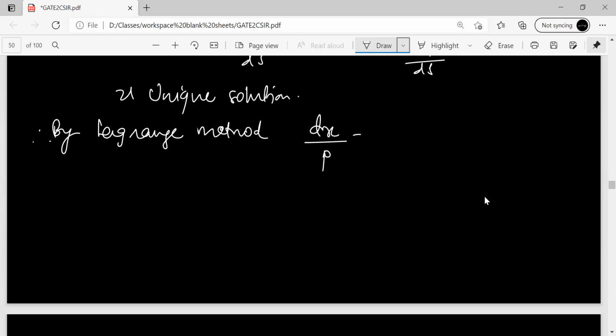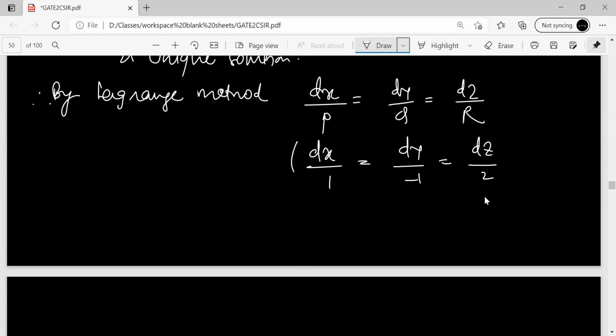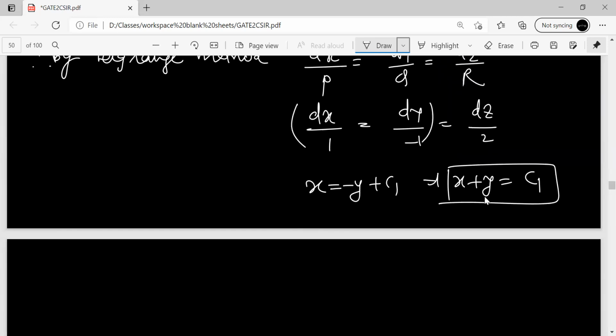So dx over p equals dy over q equals dz over r. So dx upon p is 1, equal to dy over q is minus 1, and dz over r is 2. So you simply solve the first two pair. So you get x equal to minus y plus c1. So from here you get x plus y equal to c1. And now consider any two pair. So I consider the last two.